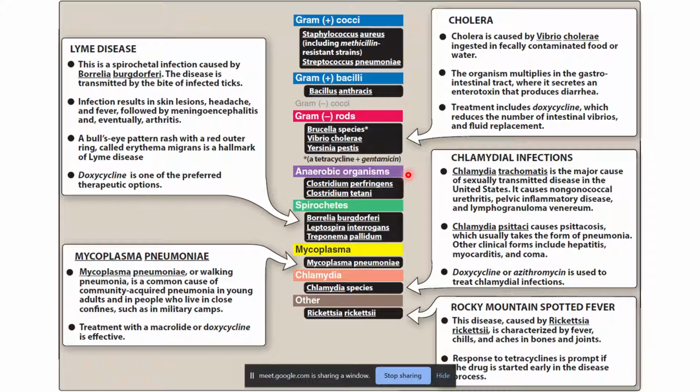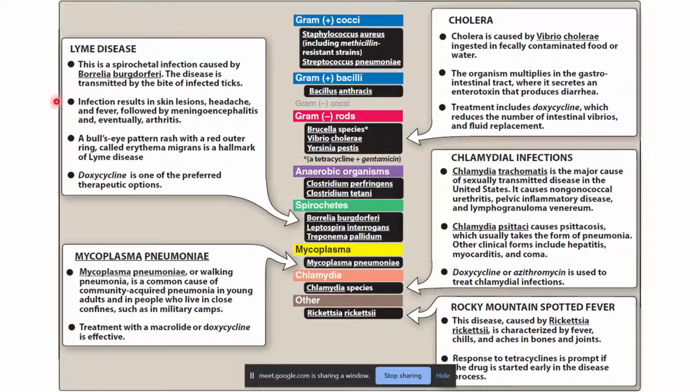Then anaerobic organisms include Clostridium perfringens, which causes GI disease in the intestine, and also Clostridium tetani, which leads to tetanus of the skeletal muscles. Then spirochetes include the very important Lyme disease.